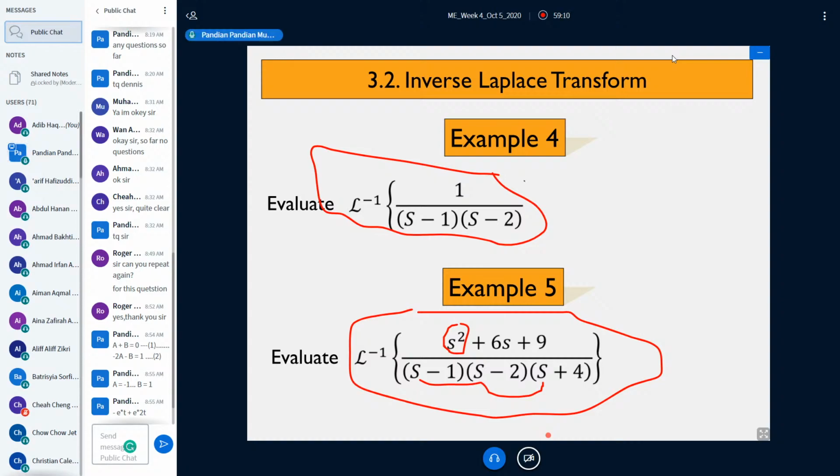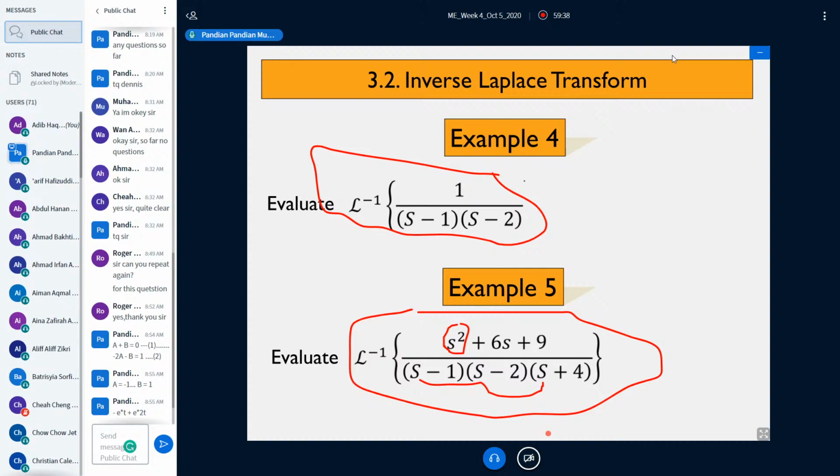And the right hand side, if you simplify, you must have A(s minus 2)(s plus 4) plus B(s minus 1)(s plus 4) plus C(s minus 1)(s minus 2), divided by (s minus 1)(s minus 2)(s plus 4).